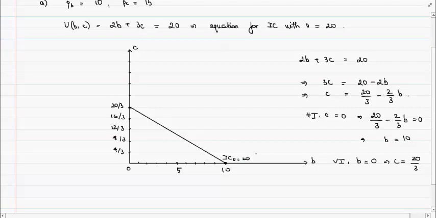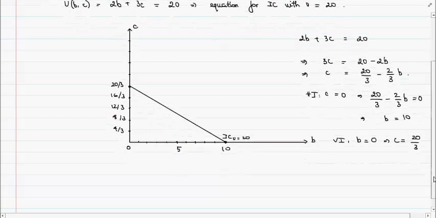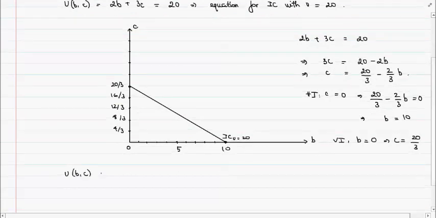We're going to do exactly the same thing to find the indifference curve for utility levels of 30 and 40. So U(B, C) equal to 2B plus 3C, and I want to equate that to 30. I just want to draw this equation on a diagram, and that is the indifference curve.